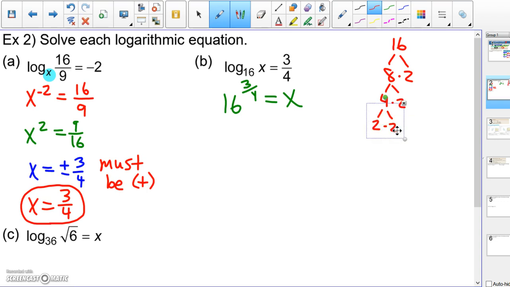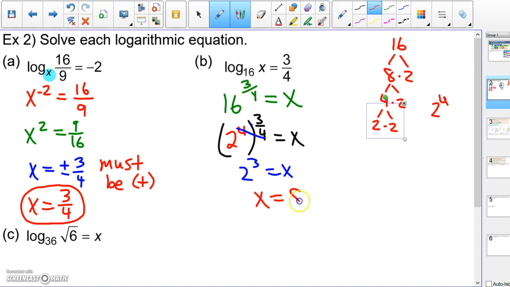I hope you can do that in your head, but 16 is 2 to the 4th. So we have 2 to the 4th to the 3/4 equals x. This is a power of powers problem. If you've got two powers in a row, you multiply them. 4 times 3/4 is just 3. We have 2 to the 3rd equals x. So x equals 8.